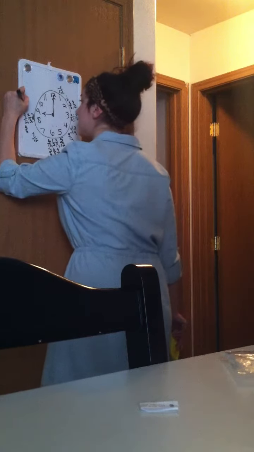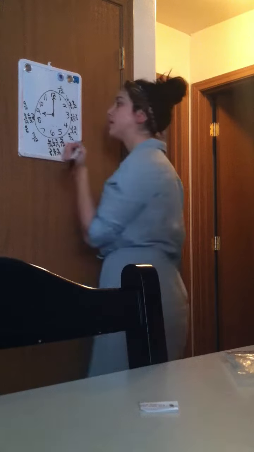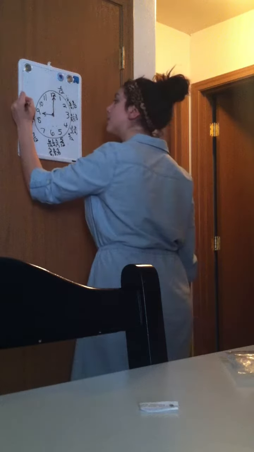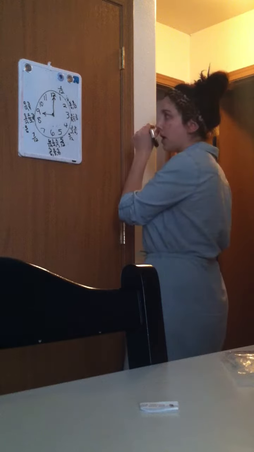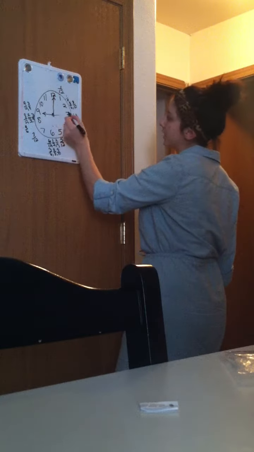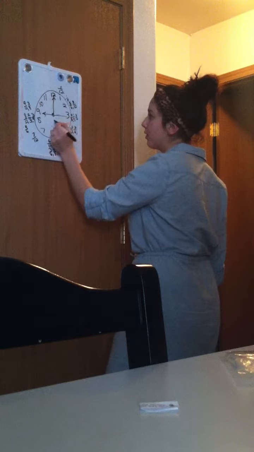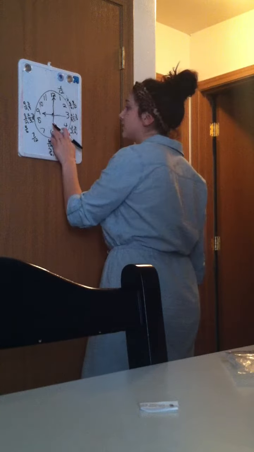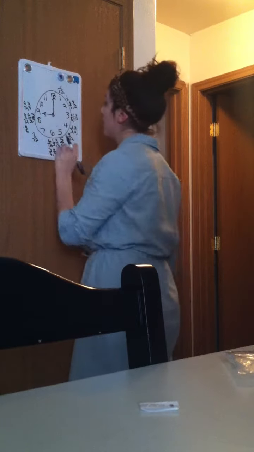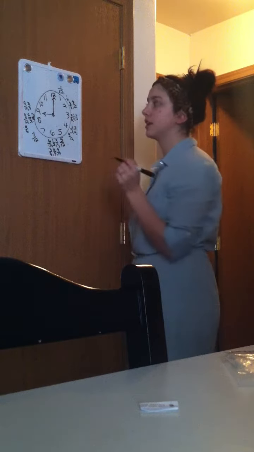What else? 3/4. Very nice. And see if we went like this to the 1/4 and down to the half, our clock would be divided into fourths. How about anything else?